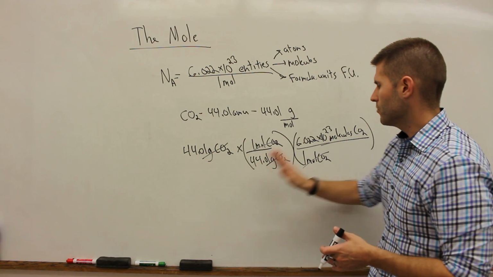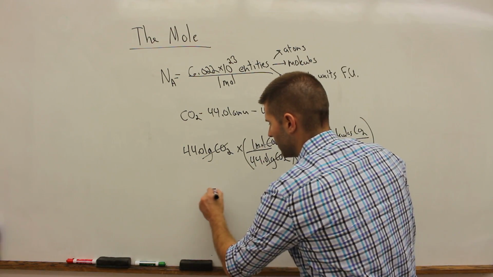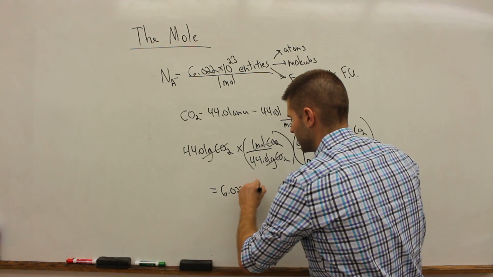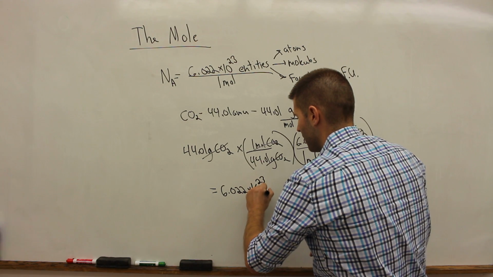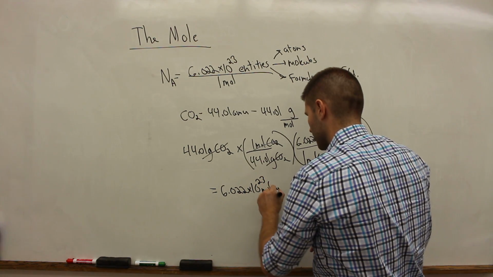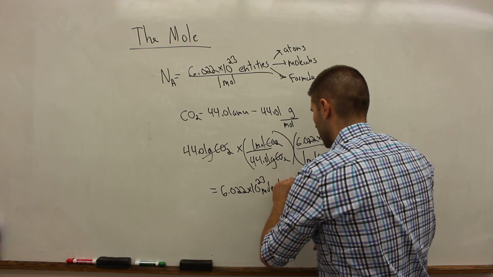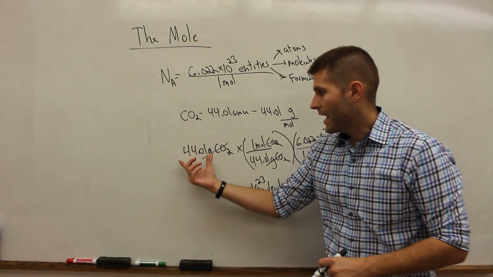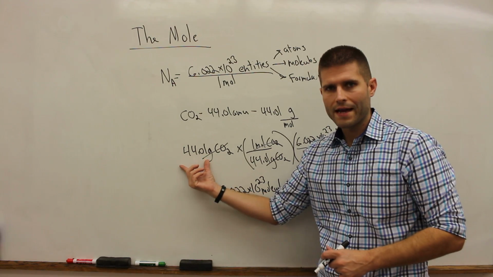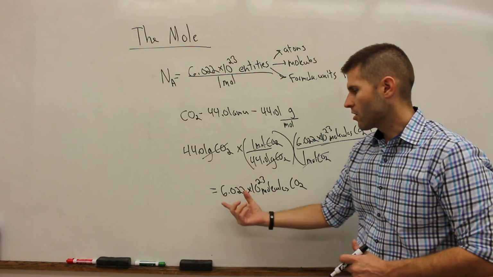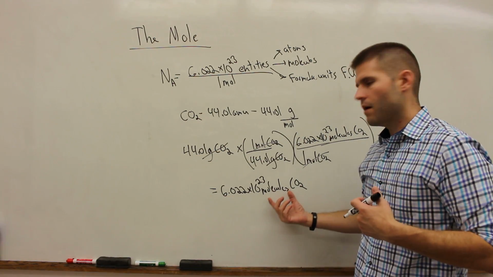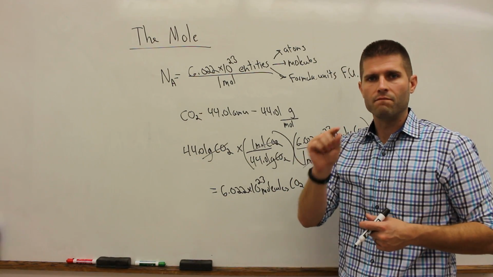So if you were to go through and do this calculation, you would end up with 6.022 times 10 to the 23rd molecules of CO2. So what does that mean to us? That means that in 44.01 grams of carbon dioxide, there are 6 followed by 23 zeros worth of molecules within that small amount of mass.